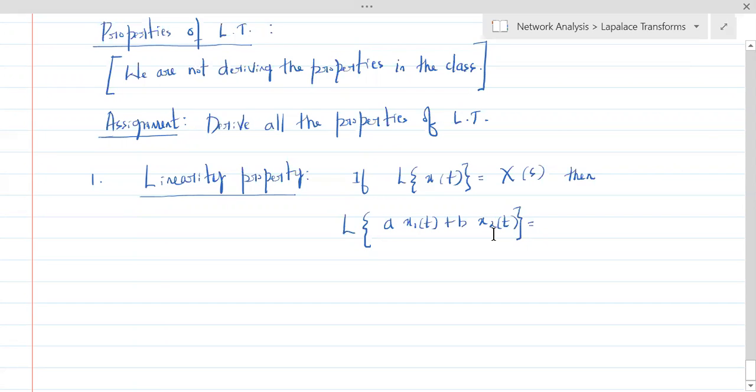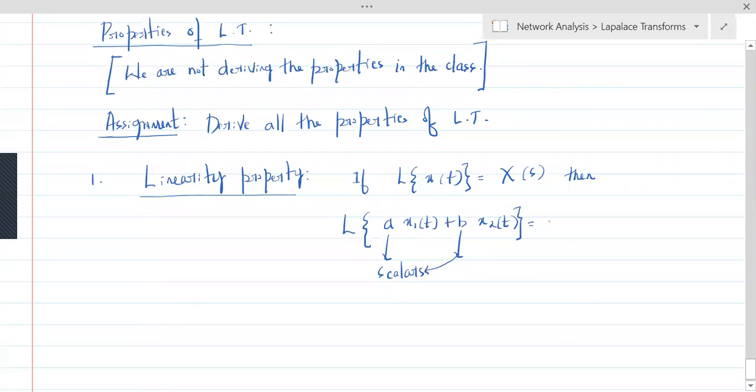Similarly, we have another signal x2 of t, which is also a scaled signal, and those two scaled signals are summed. Instead of giving you x of t, what if you are given the sum of two scaled signals? What should be the Laplace transform of that? These two are scalars, some numbers.